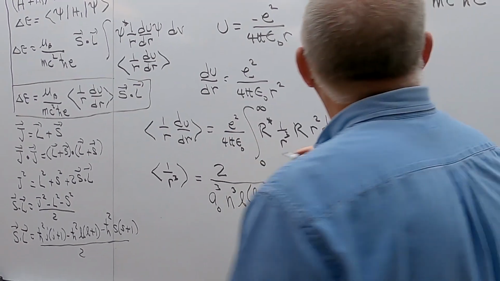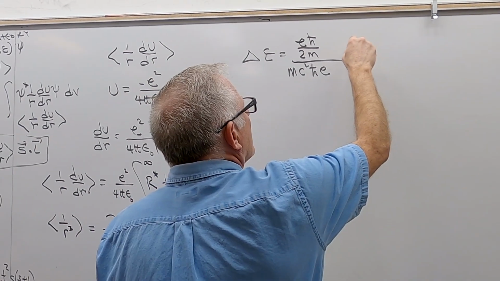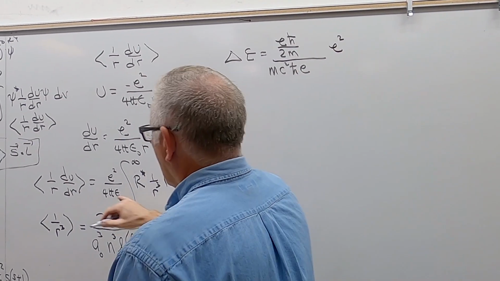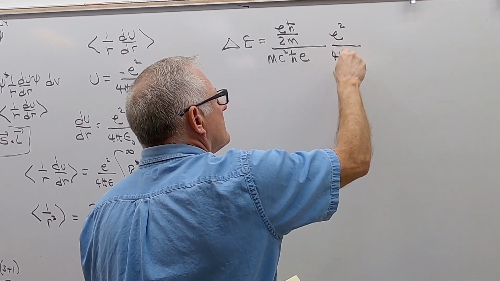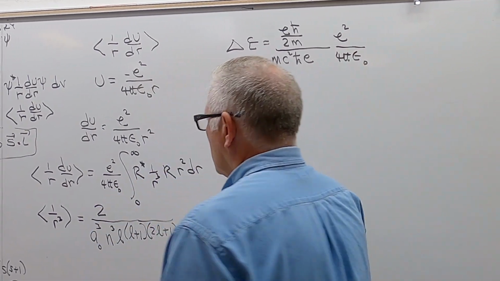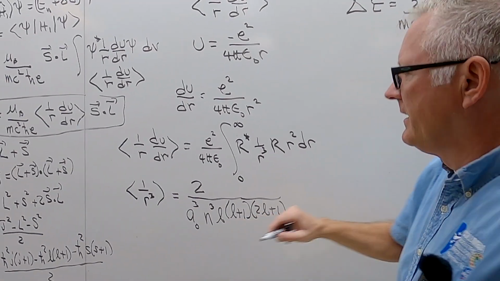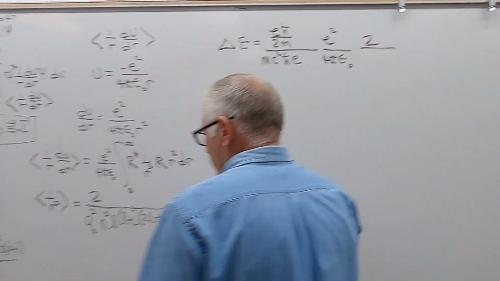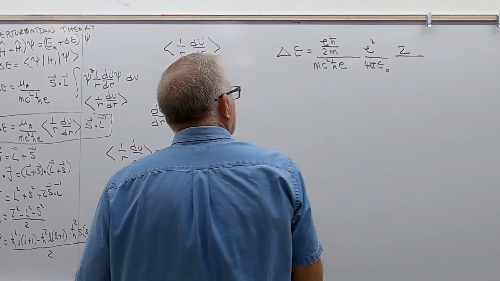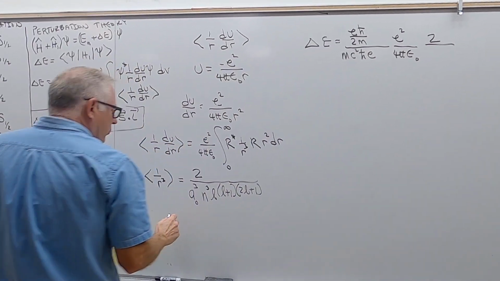So we've got an e squared all over 4 pi epsilon naught, times all of that, which was 2 all over a naught, our Bohr radius.